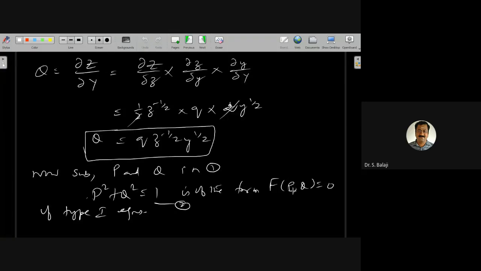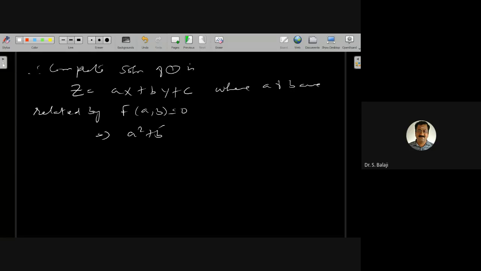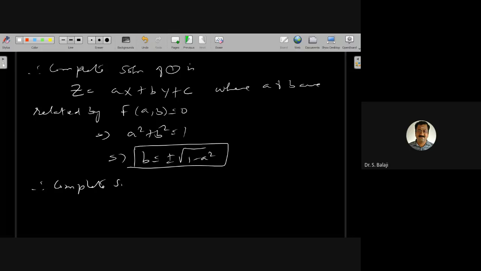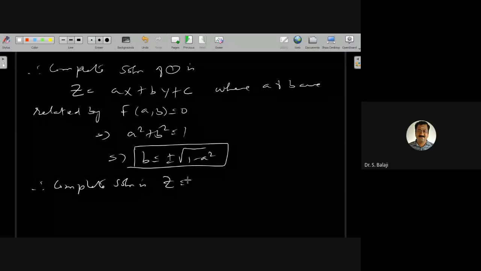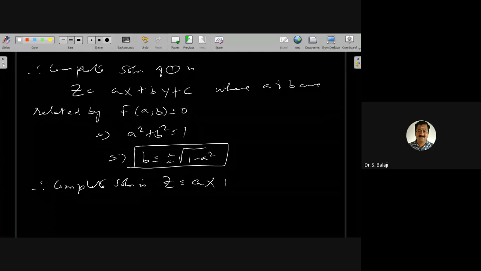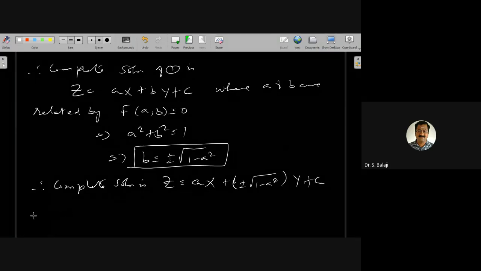A square plus B square equals 1, so B can be written as plus or minus square root of 1 minus A square. Therefore, the complete solution is capital Z equals A capital X plus or minus square root of 1 minus A square, capital Y plus C.